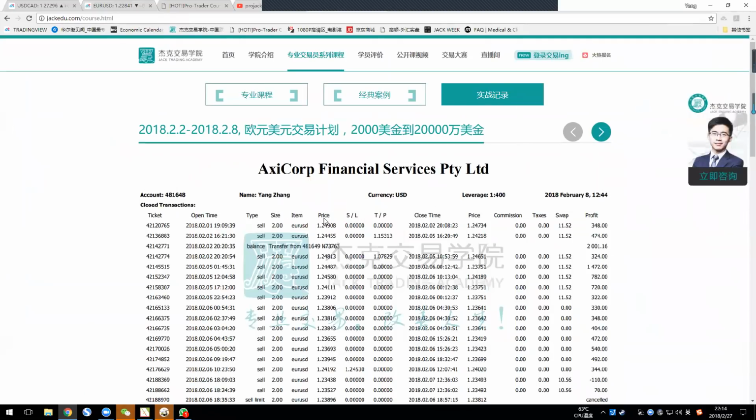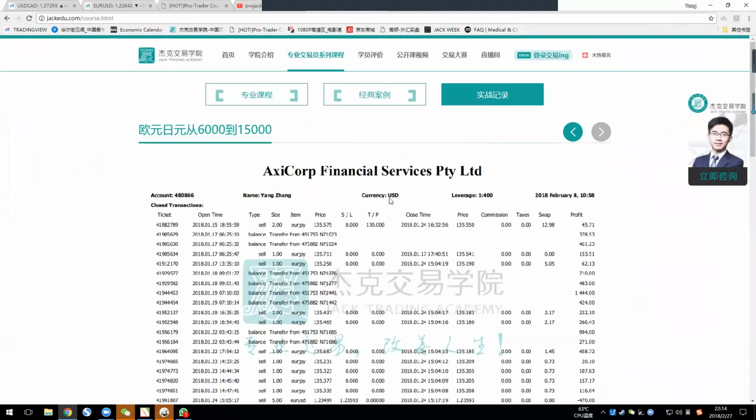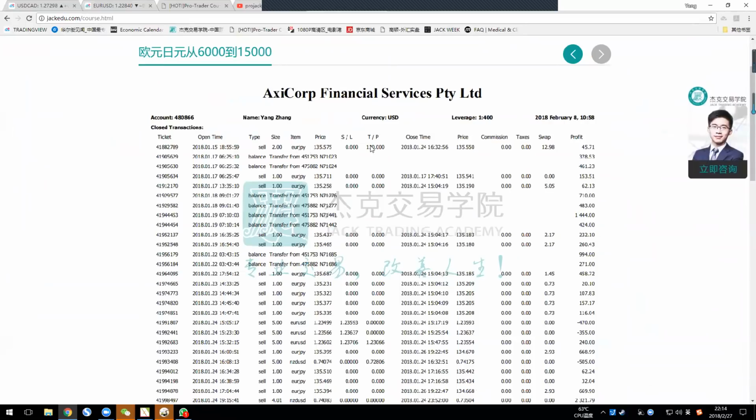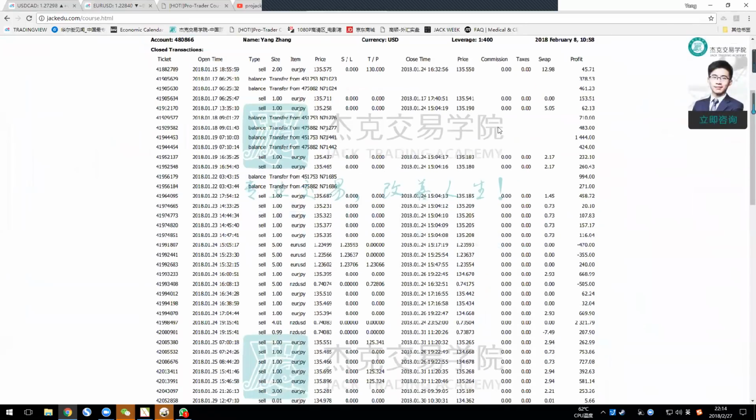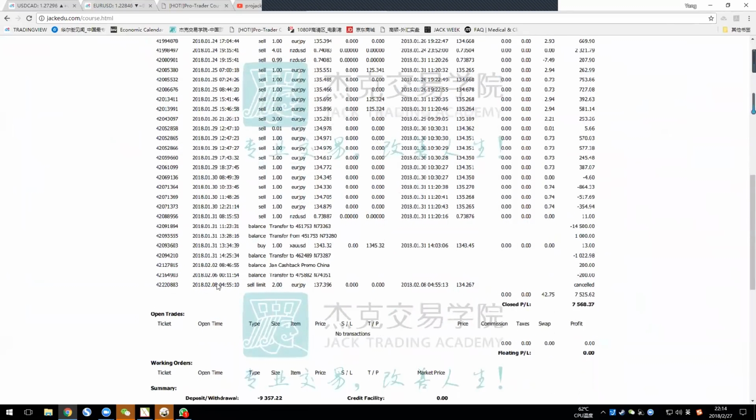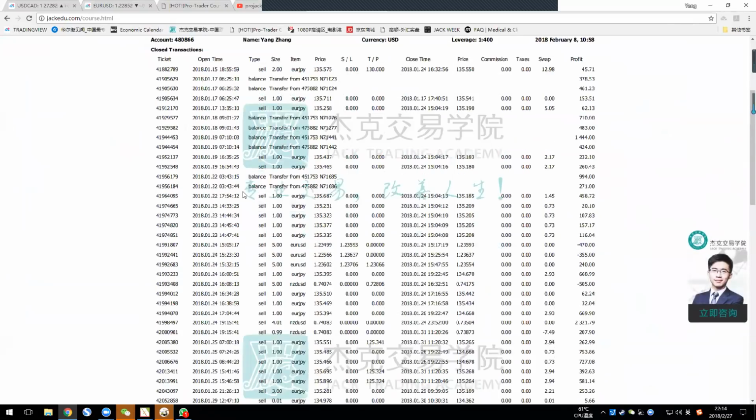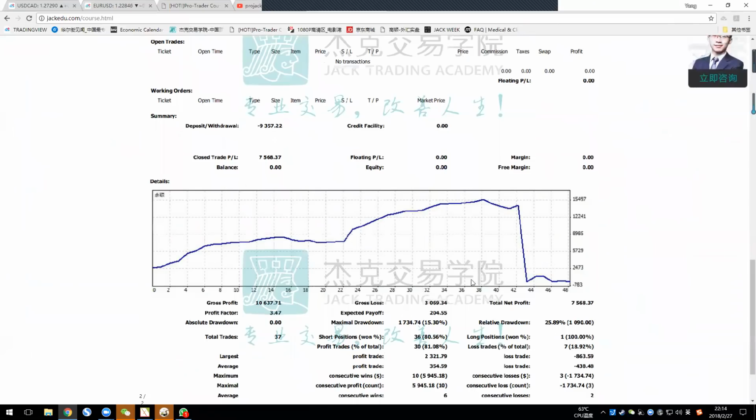Another one is the Euro yen trade, from January 15th to January 30th. It grew from 5,000 to 15,000, and then I withdrew the money.